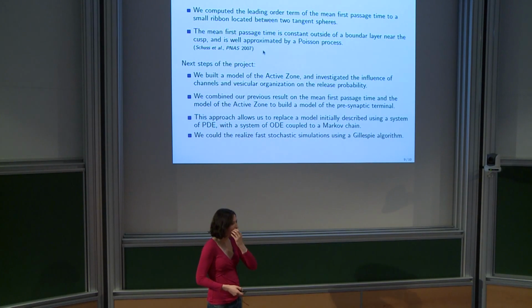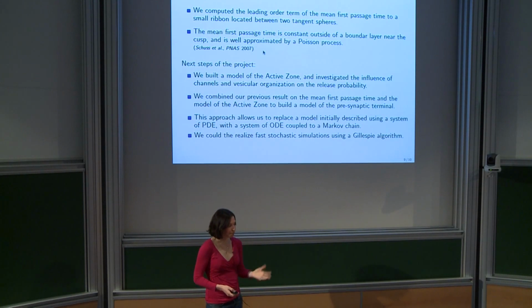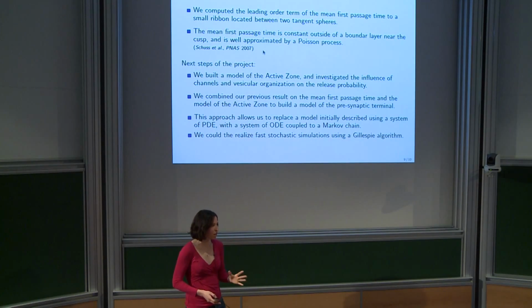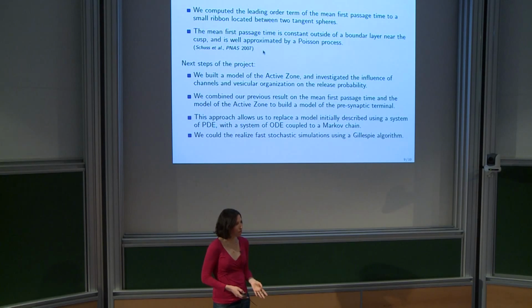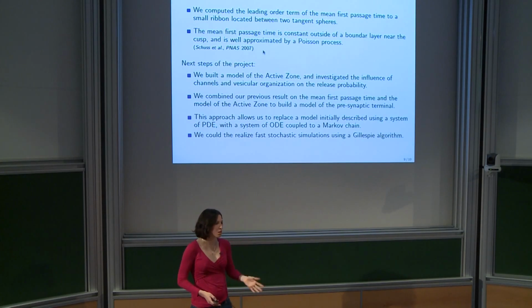And the fact that this mean first passage time is Poissonian is really what is important here in our study, because if you want to model the presynaptic terminal, you have a Brownian particle. You can do Brownian simulations if you want. It's very simple. Not that simple because the domain is not that fun, but okay, you can do it. But you will wait for hours because of the very small hole you have here, and because of the very long time you have to find this small hole. The fact that it's a Poisson process allows you to simply use the Gillespie algorithm.